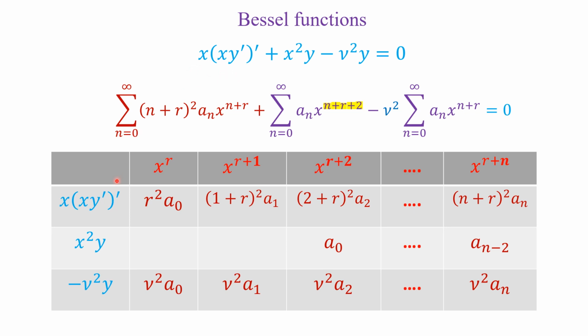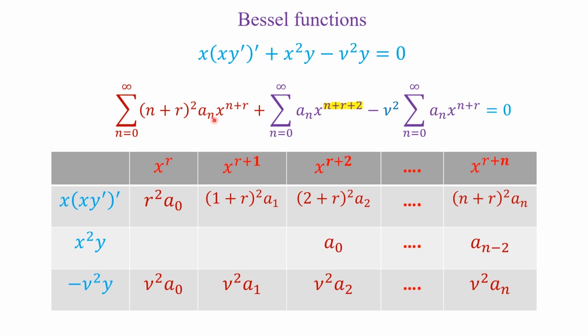So I have taken the first term in the column. That is, the first term is x x y prime of prime, and the second one is x squared y. The third term is minus nu squared y, so minus nu squared y. You remember that here is a negative sign. So now I am going to equate the individual components of x. In the first row I have taken x power r.